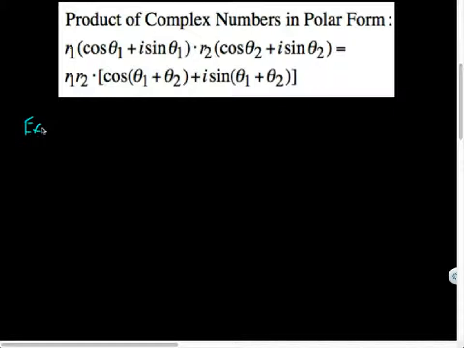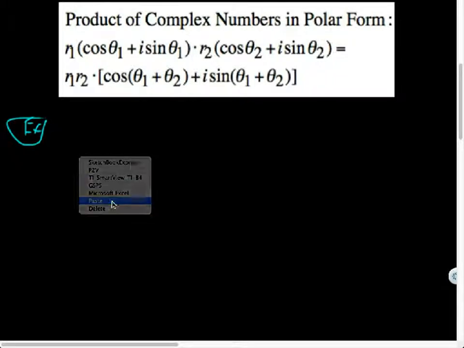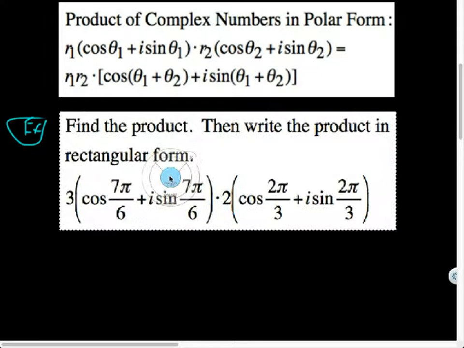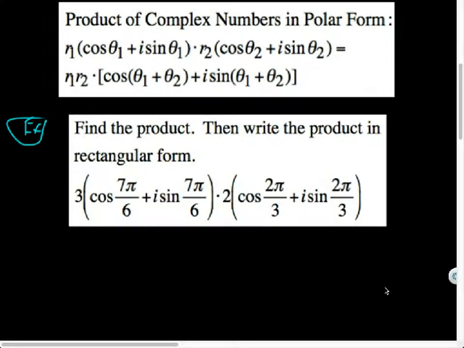So here's our little example. Find the product, then write the product in rectangular form. Here are two complex numbers written in polar form, and the first thing I'm going to do is piecemeal this, where I'm going to find my new modulus.